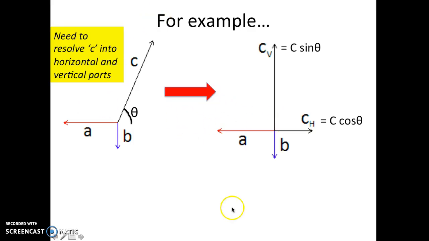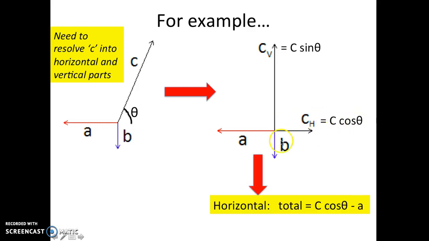So now I've replaced C with its vertical part, which is C sine theta, and with its horizontal part, which is C cos theta. I can then add up all the vectors going in the horizontal direction, so that'll be C cos theta minus A, going in the opposite direction, and I can then work out that total and draw that as a line here on a new vector diagram.